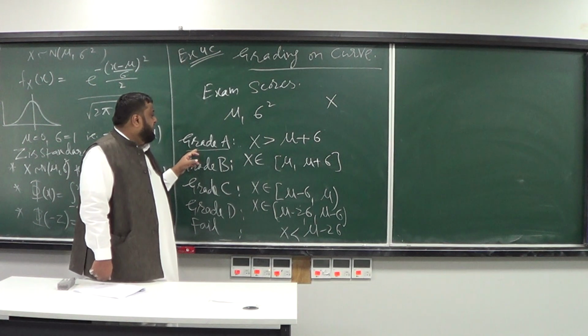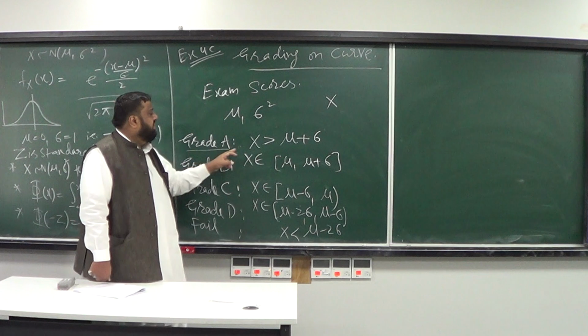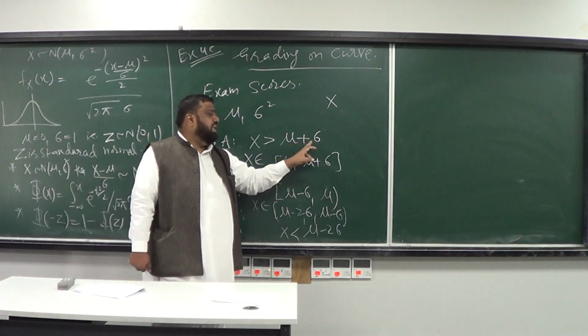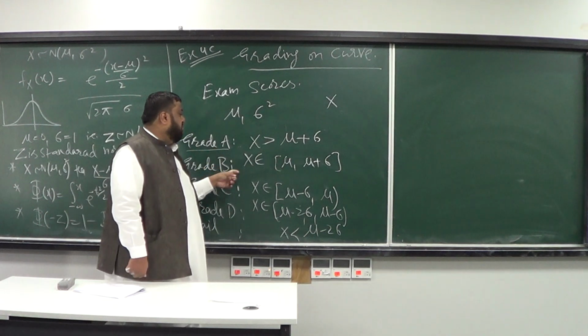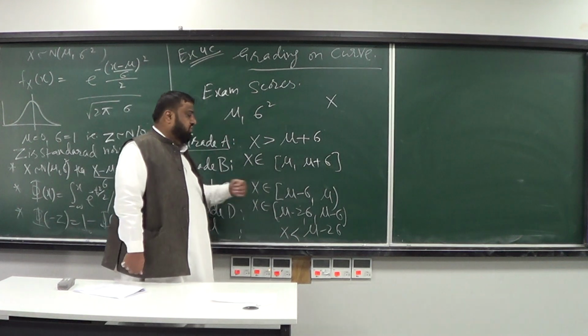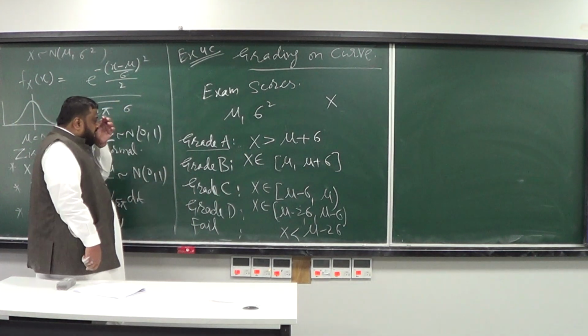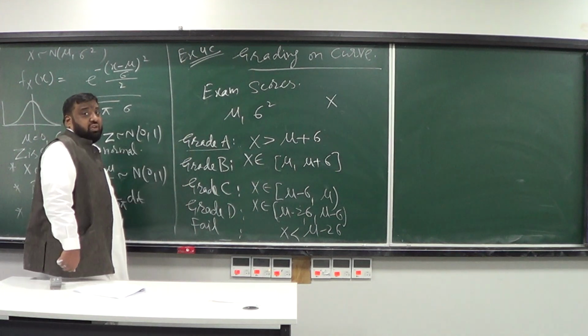So assign all those students who have more marks than mu plus sigma grade A, and grade B to those students who have marks between this interval, and so on and so forth. Okay? So this should be the grading strategy. That's really the grading strategy for any marks.